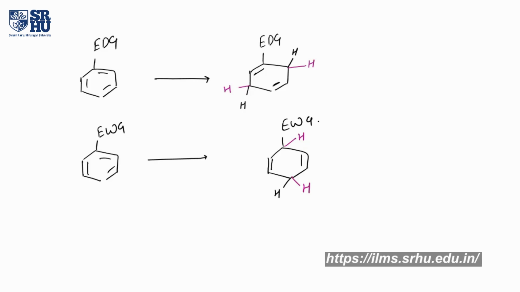So please remember what happens when a benzene ring is substituted by an electron donating or electron withdrawing group, and these two groups will determine the outcome of the product. It will determine the regioselectivity of the Birch reduction mechanism. Now let us take two examples, and after that you will easily understand.